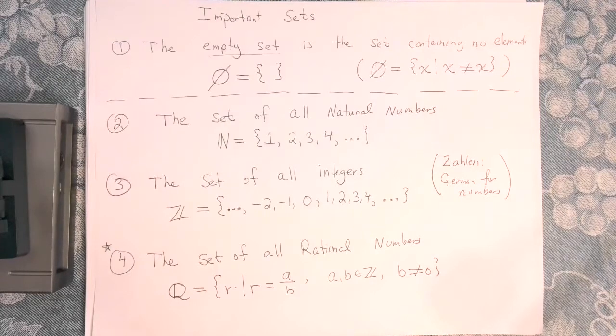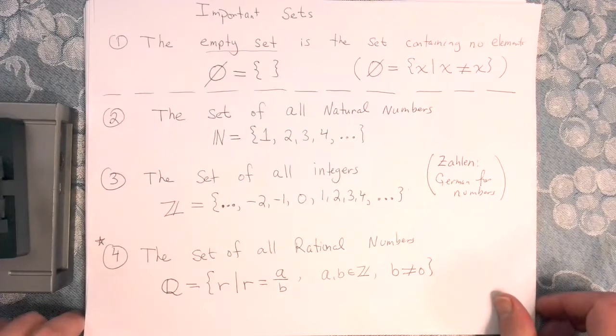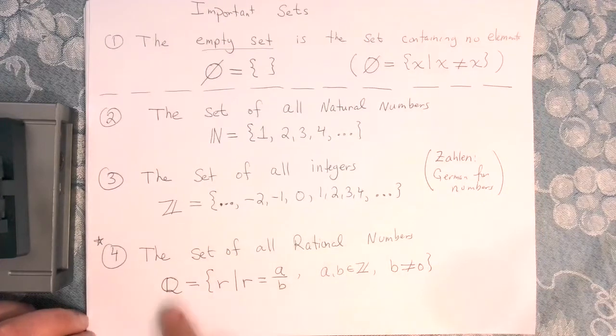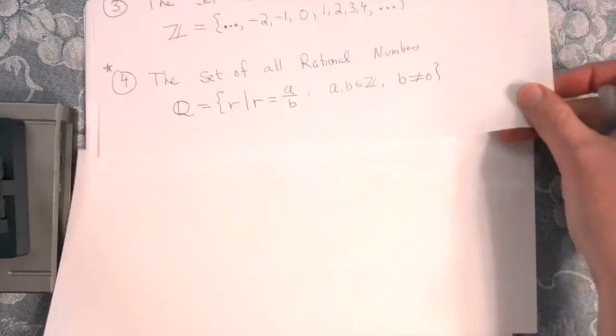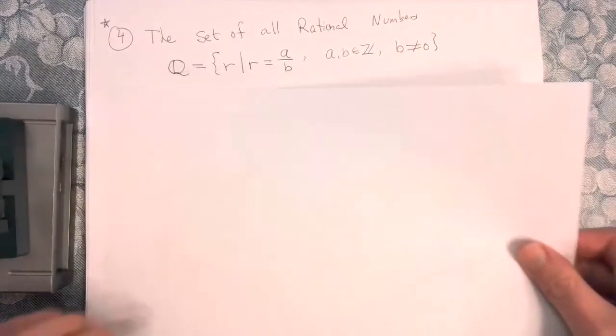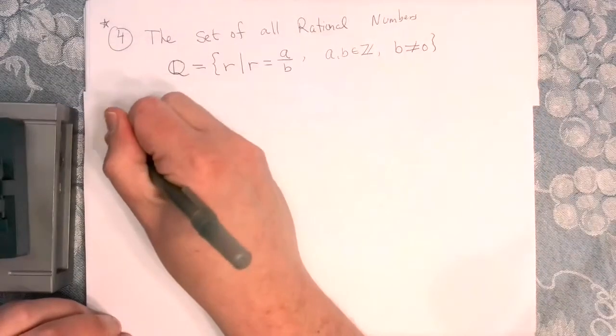So I said earlier, it's a good idea anytime you're presented with a set, particularly in set builder notation, to take a step back and try to understand what its elements look like. That's essential. Let's do that. What do some elements of the set look like? So let's make an observation.